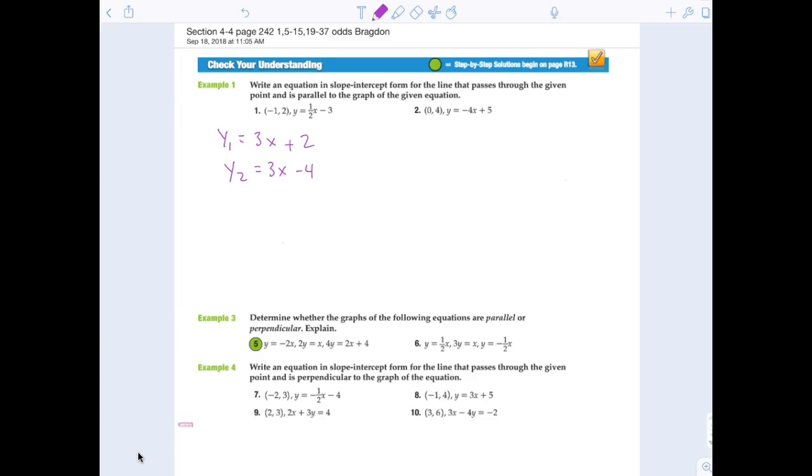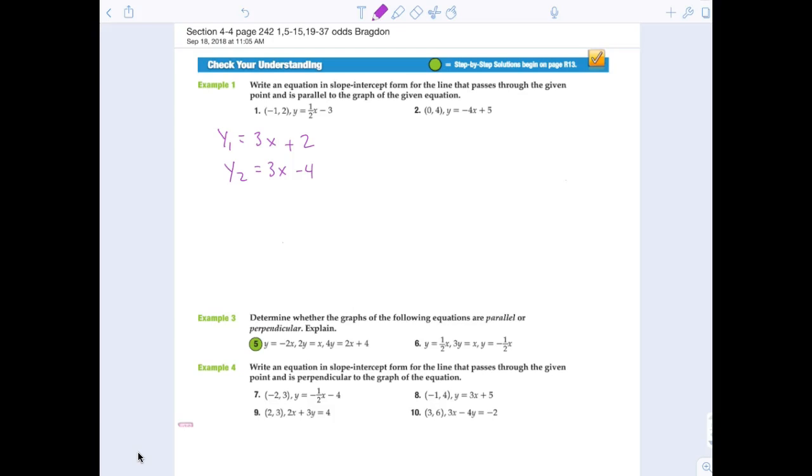All right, everybody type those in. This is just a quick little demonstration. What's true about those two lines? They have the same slope. So what I'm trying to demonstrate right now is that if they have the same slope, that probably means they're going to be what? They're going to be parallel.